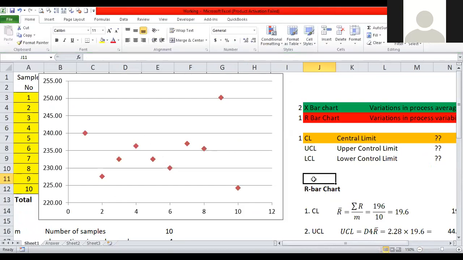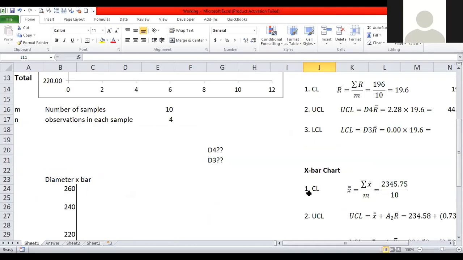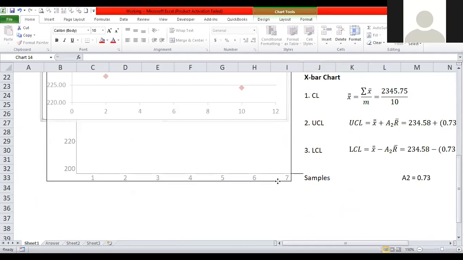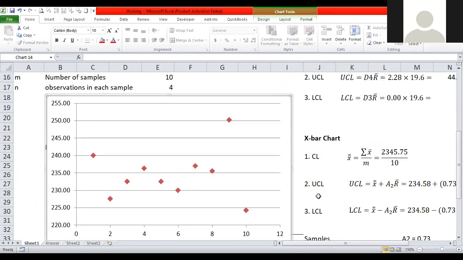Okay. So these red color dots are the 10 samples, the average of those 10 samples. So this is the X bar chart. Now we are going to draw the control limits: central line and control limits.